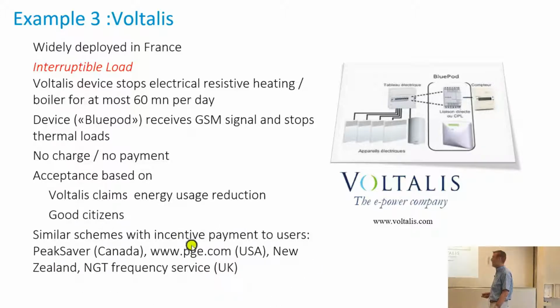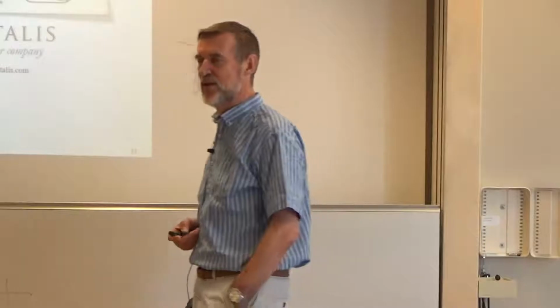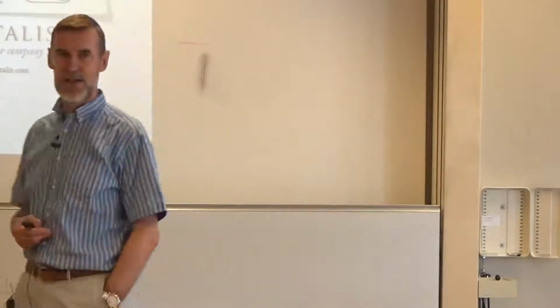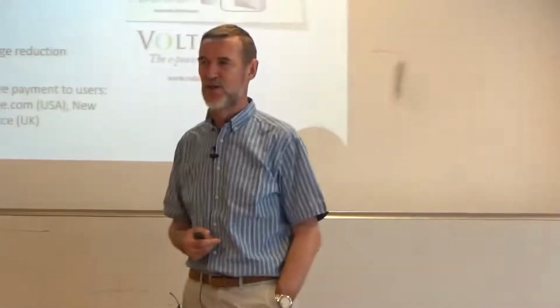So here the incentive payment is that when we interrupt your load, you receive some money, directly or indirectly, in the form of a credit on your electricity bill, for example. In the US, this is typically to control air conditioning. In France, it's to control boilers and resistive heaters. So where does Voltalis get money from by doing that?